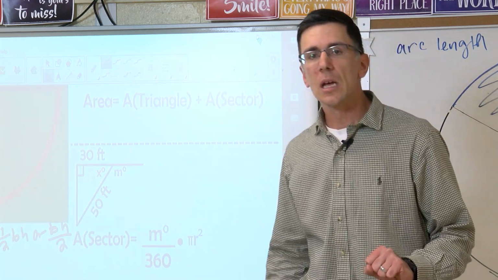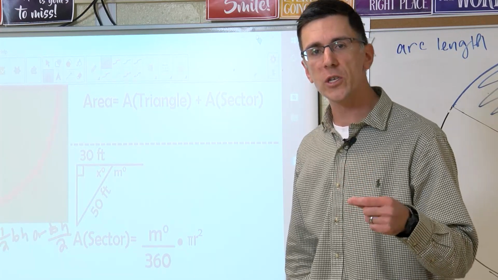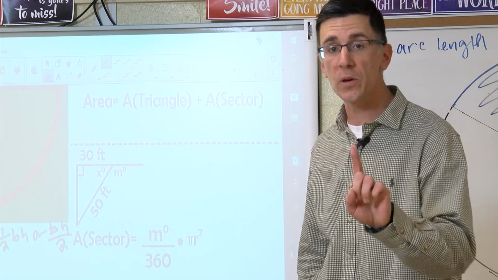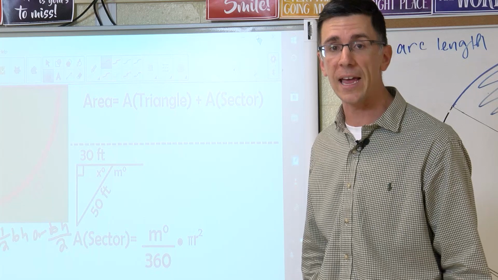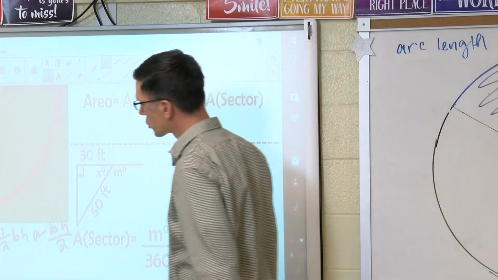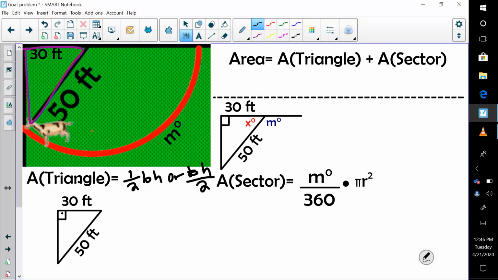The height of a triangle is always perpendicular to its base. Perpendicular indicates that it forms a right angle. So with this triangle, if we use 30 as our base, then what is our height?